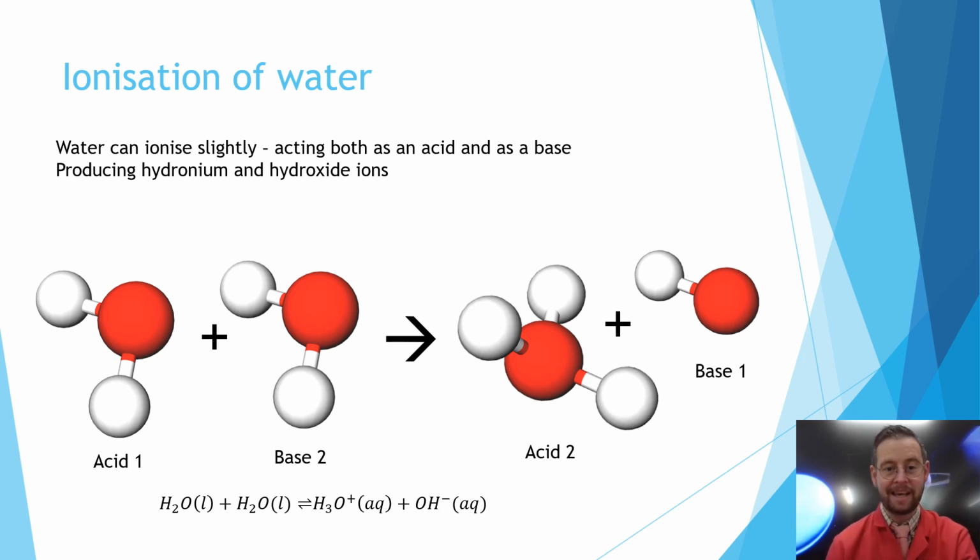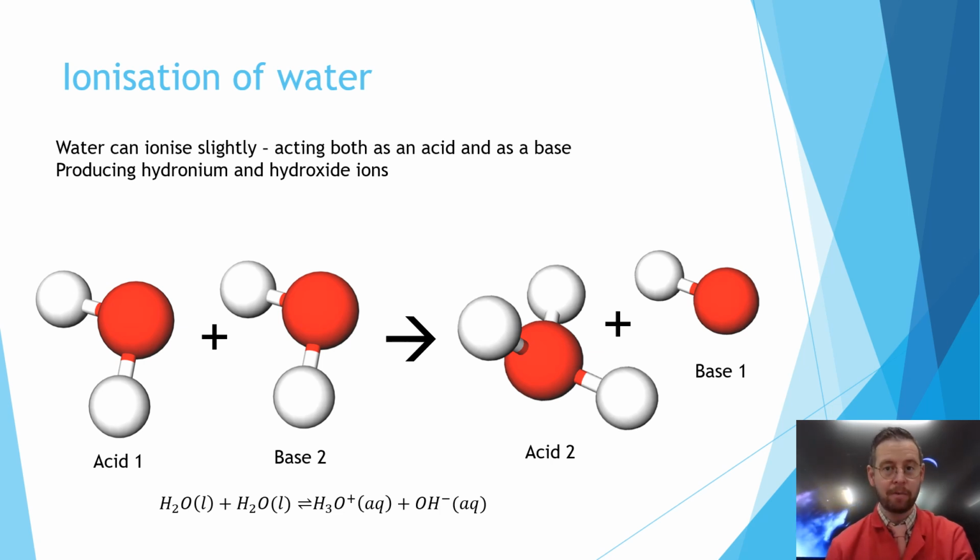Now, what you can see here is, in our Bronsted-Lowry language of conjugate acid and base pairs, we can see that one of these water molecules has accepted another hydrogen, H+. And so therefore it has acted as a base, it has accepted.